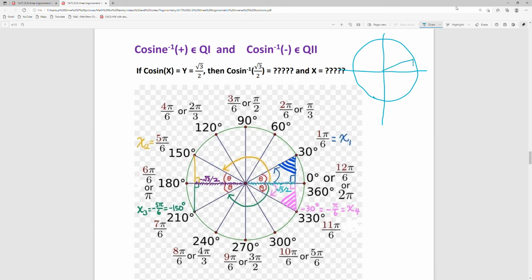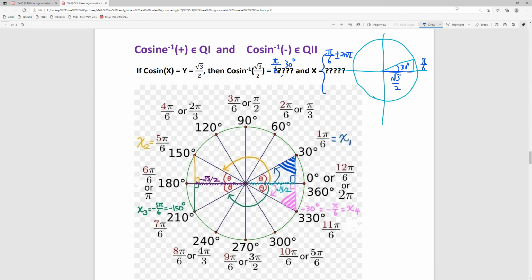My triangle is here, and square root of 3 over 2 is here. So this angle, again, is 30 degrees or pi over 6. You can use a calculator to find this pi over 6 or 30 degrees. So by this way, you have the first group of solutions easily.